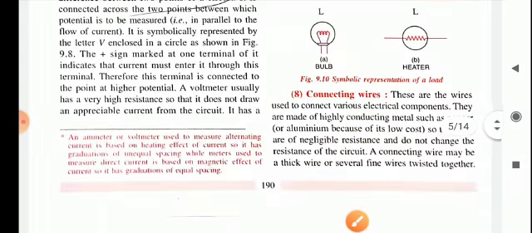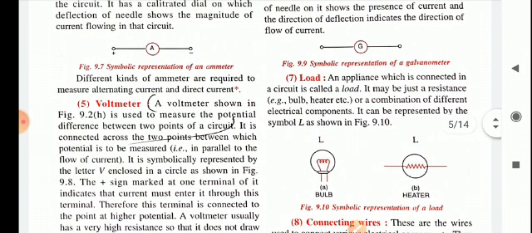From which we can measure the potential of the bulb, tube light, TV, refrigerator, etc.